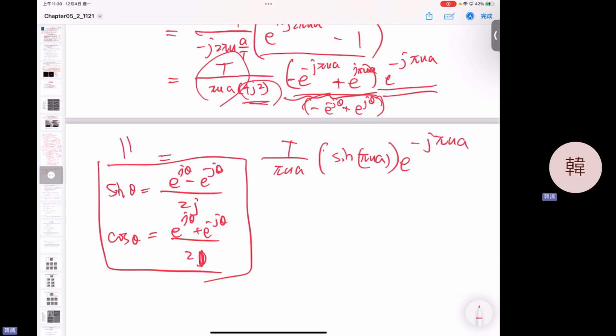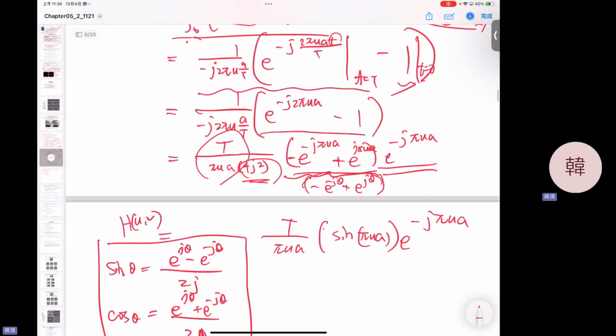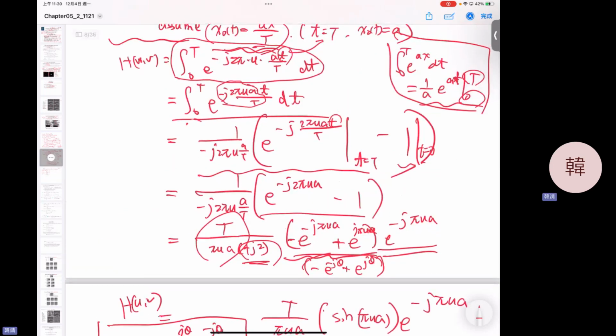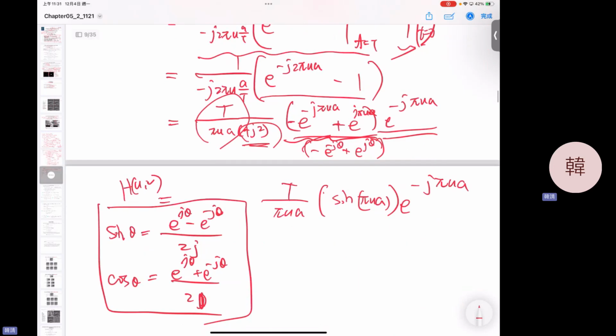So it's H(u,v), from our exposure time definition and linear motion definition, and we have this result for H(u,v) in the frequency domain with the constant moving speed.